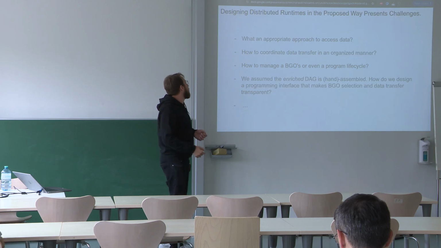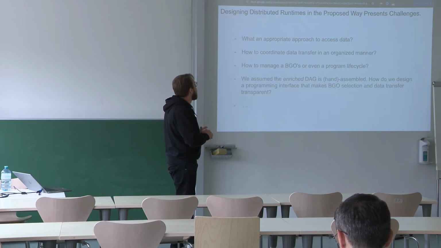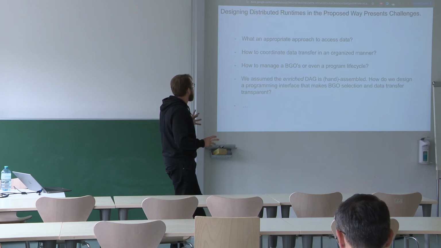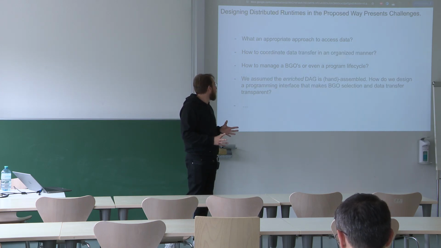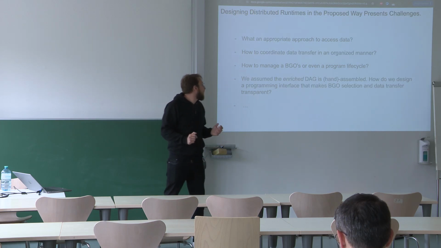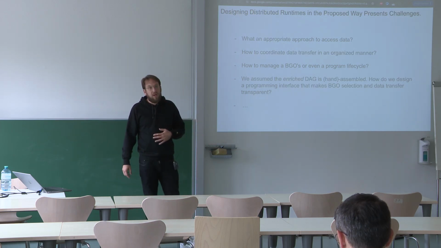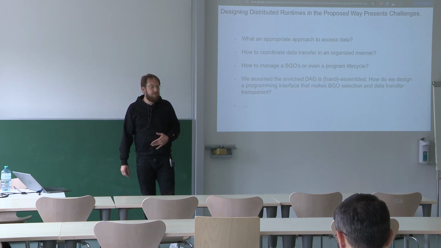And when we assume that this rich DAG is hand-assembled, how could we generate a programming interface or programming language, something like a compiler, that makes this BGO selection and maybe at one point even the parallelization transparent, right?